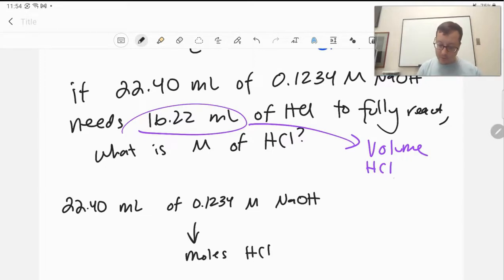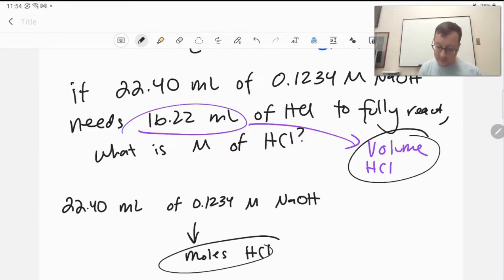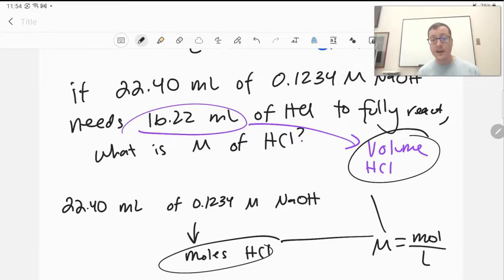From there, once you have this volume and the moles, you use your equation, moles per liter, and you will get the molarity. All right, so it'll be in the notes. I'll have the answer, so go ahead and pull up the notes, and you should see the answer, and hopefully you've gotten it.